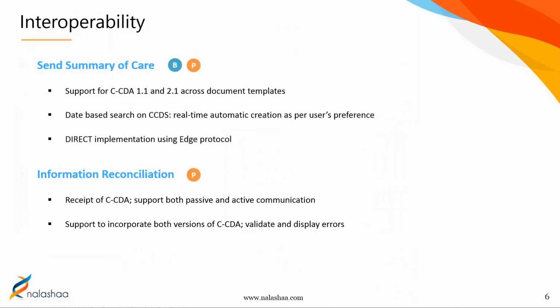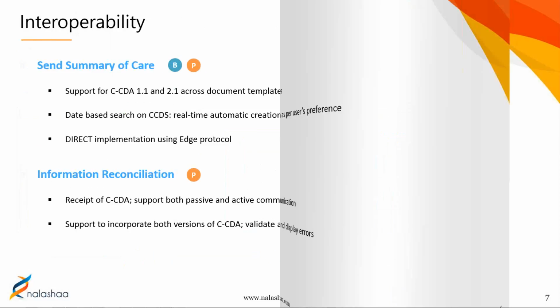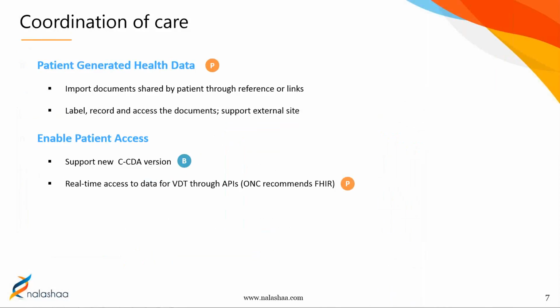The second objective that we have is coordination of care. To ease the linking between the document storage and patient health information capture, the EHR should demonstrate the ability to identify the patient information, either if it is directly received from the patient or electronically shared by the patient.